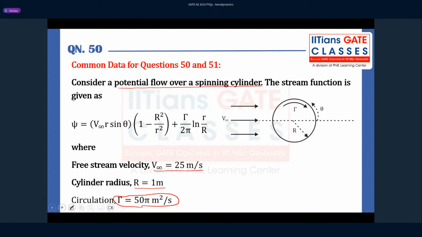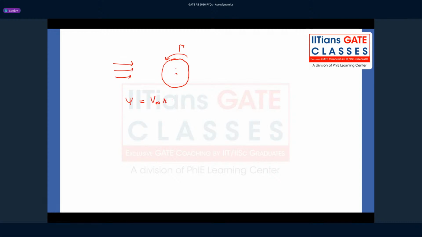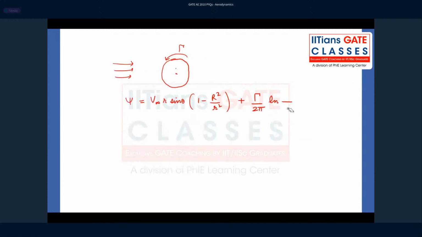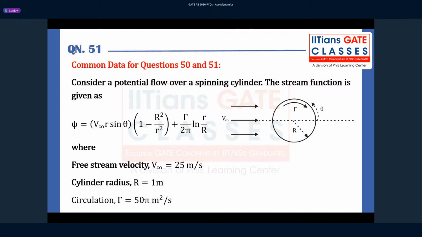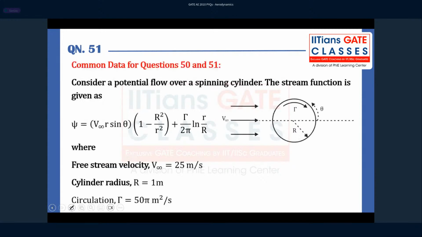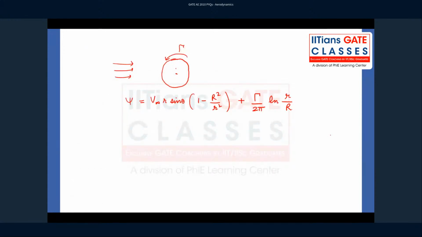So take this down: psi equals V infinity R sine theta into 1 minus R square by r square, plus gamma by 2 pi ln r by R. Okay, this is the stream function that is given to you.